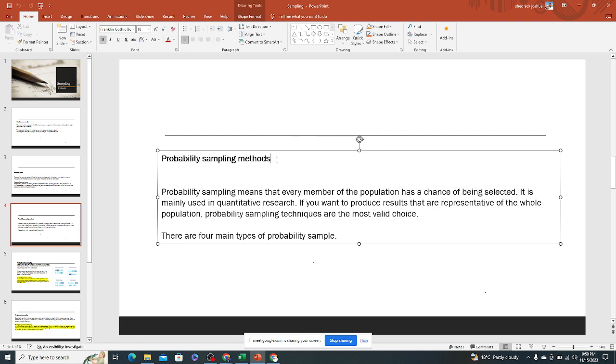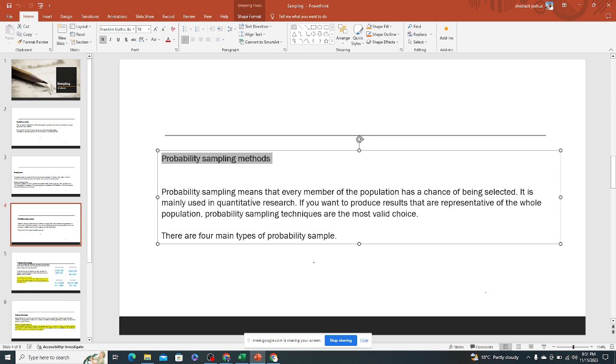Then we have the probability sampling methods, which are the methods we are going to use. Probability sampling means that every member of the population has a chance of being selected to be a sample.